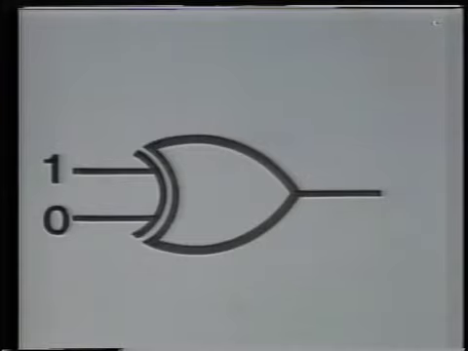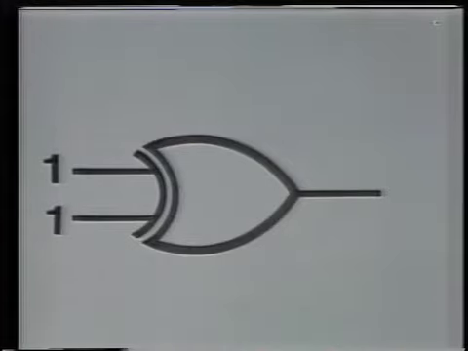We'll put a 1 at the top and a 0 at the bottom. Remember that if the inputs are different, the output will be a 1. Well, obviously, we have different inputs in this case, so the output will be a 1. The same thing would happen if we had a 0 input at the top and a 1 input at the bottom, so we won't go into that one.